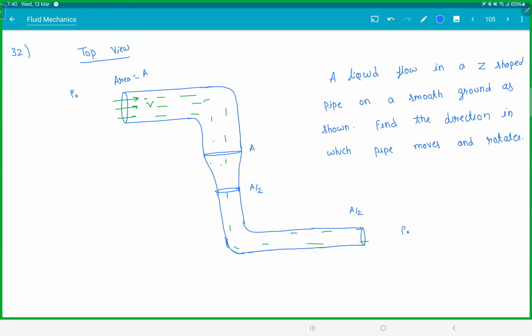So liquid is entering with V. It won't come out with V. So this creates a problem. There's a difference in force. So this will try to move and will try to rotate. Which direction will this move and which direction will it rotate?